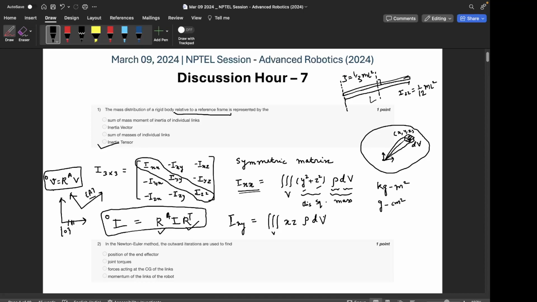It's something like this: a product of two coordinates, so here the squared distance term will come, and here is the mass term. Similarly, Iyx would be yx times rho dv, and Iyy will be x squared plus z squared times rho dv.